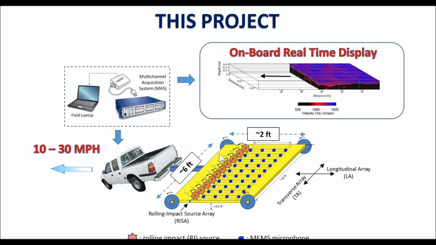So the total width will be somewhere around 6 feet, and the total length will probably be shorter than 2 feet, and it will be towed by a regular passenger car or a pickup truck, and everything will be moving at relatively fast speed, somewhere between 10 and 30 miles per hour.